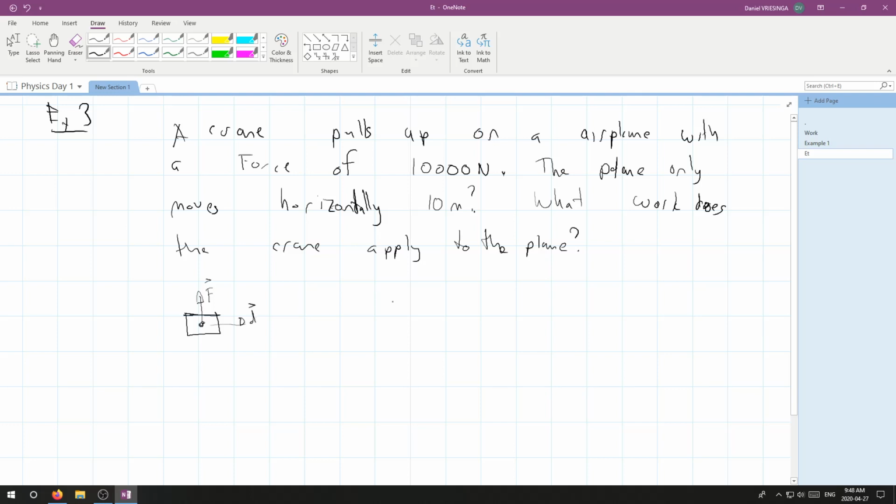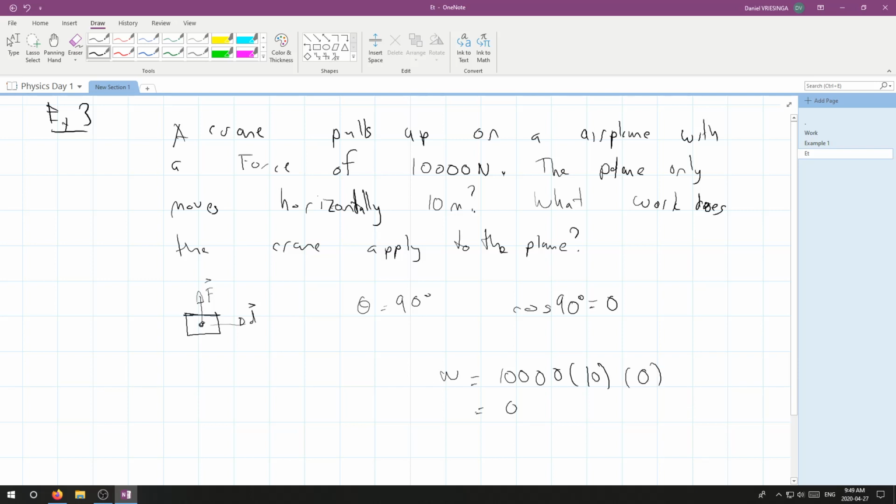So the angle between those two is theta, or theta is 90 degrees, and the cosine of 90 degrees is 0. So work is equal to 10,000 times the distance times 0, which is equal to 0.